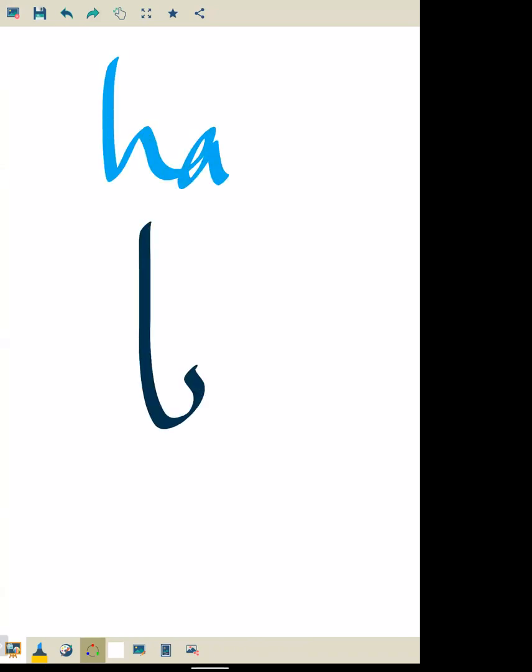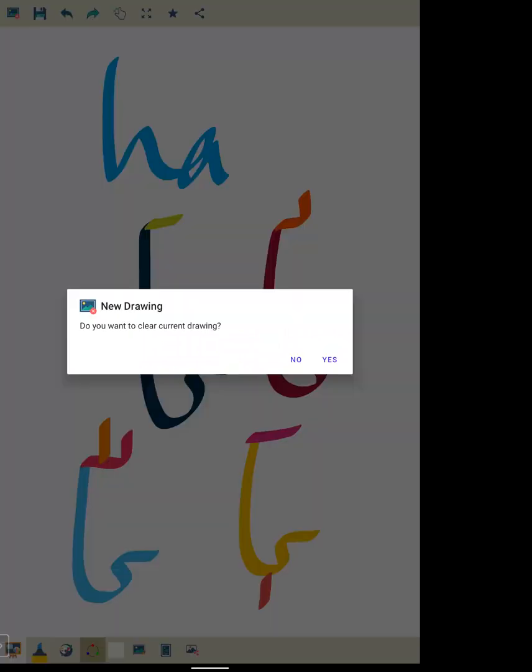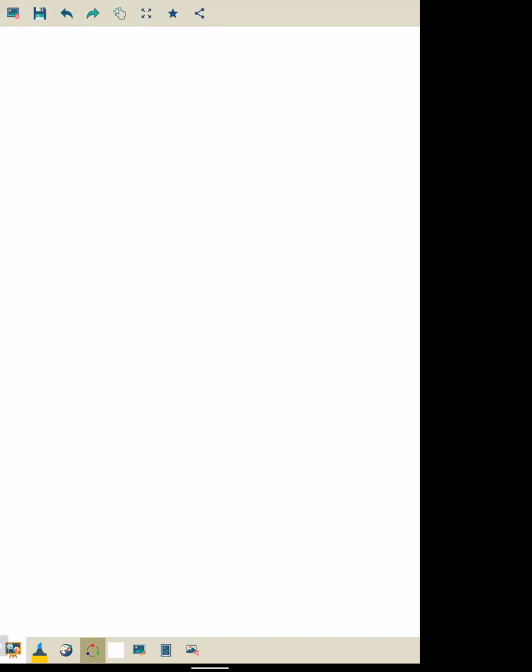Okay, the same thing we have with the ha. Suppose this is ha, ha, he, sorry, we can put here and below. So hu, like this. So you can do all the matras with the consonants.